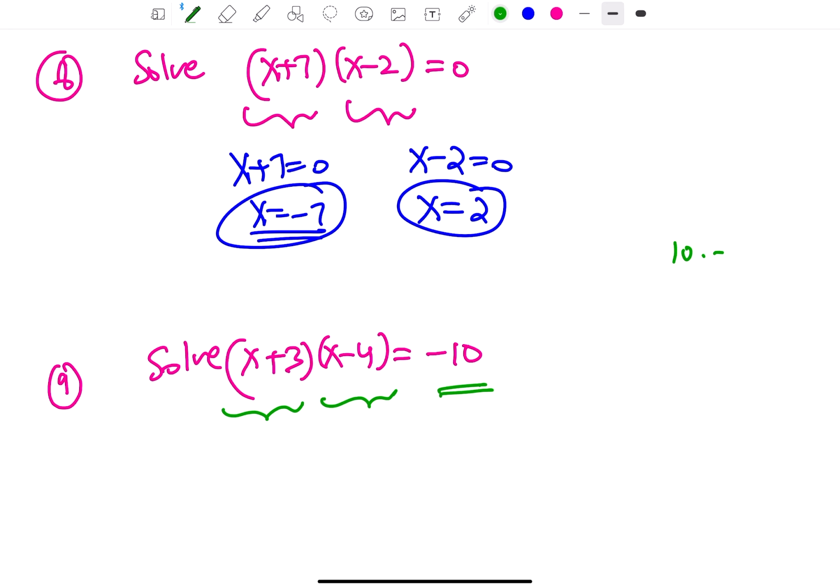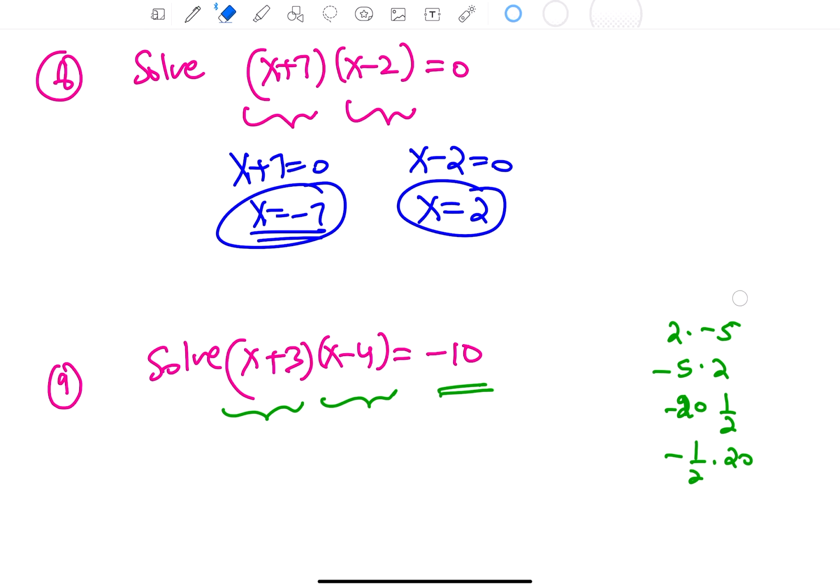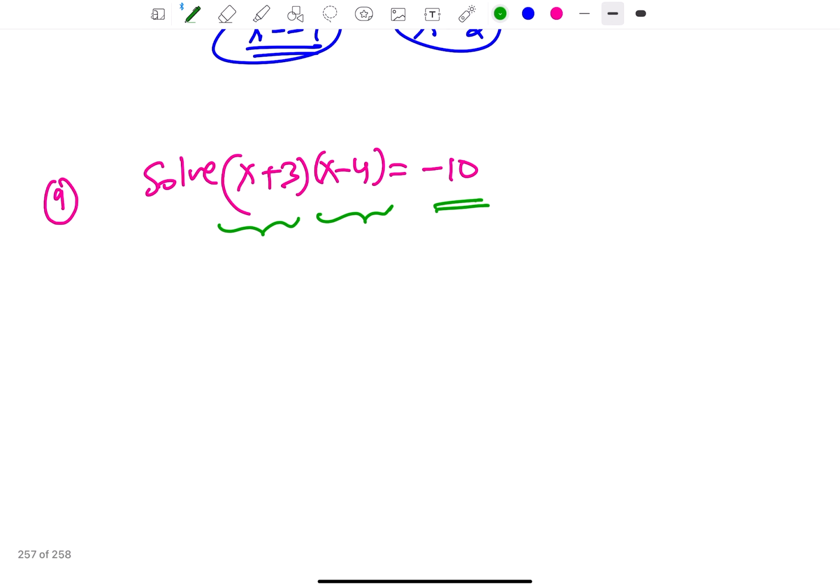It could be 10 times negative 1, negative 1 times 10, 2 times negative 5, or 20 times negative half. Multiple possibilities, so these are not the only possibilities. So we cannot definitively say that either the first factor or the next factor will be negative 10. So for this one, we actually have to FOIL.